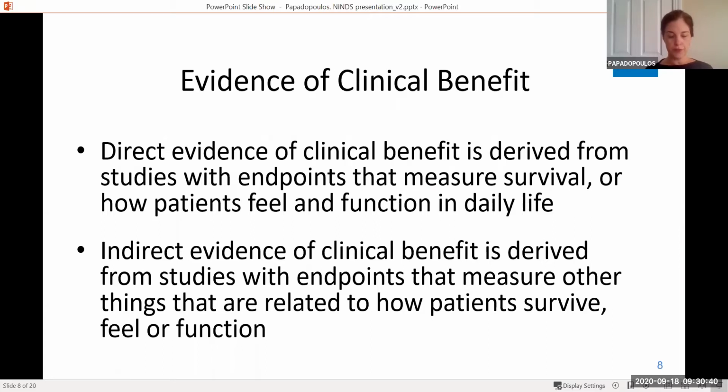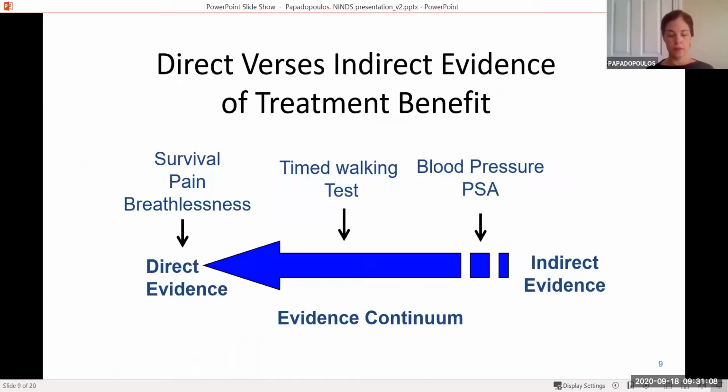Direct evidence of clinical benefit is derived from studies with endpoints that measure survival or how patients feel and function in their lived experiences, while indirect evidence of clinical benefit is derived from studies with endpoints that measure things other than that are related to how patients survive, feel, or function. And so let's explore this concept a little bit more.